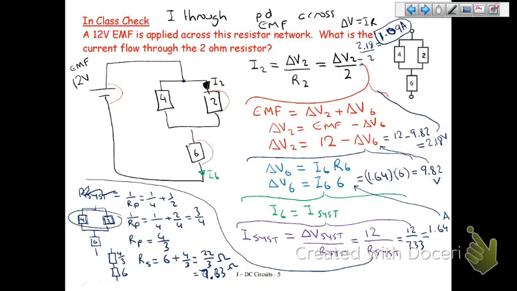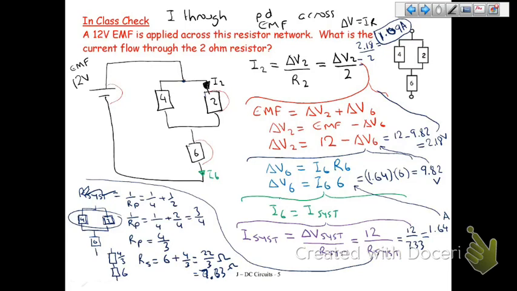So the 2 is going to have more current flowing through it than the 4. And guess what? It's going to be a 2-to-1 ratio because that's the ratio of the resistors. So divide your current into 3 bits. 6 divided by 3 gives me 2 amps. 2 amps goes through the 4. 4 amps goes through the 2.